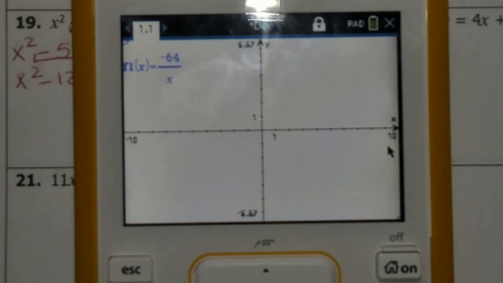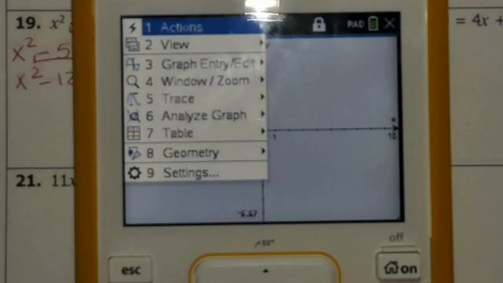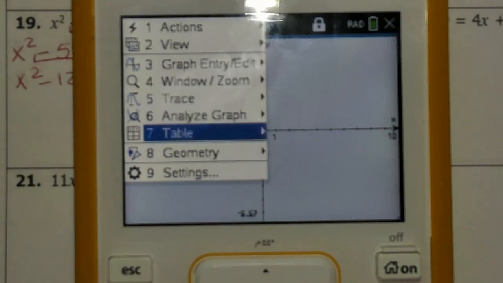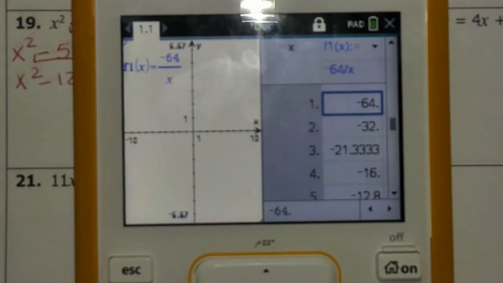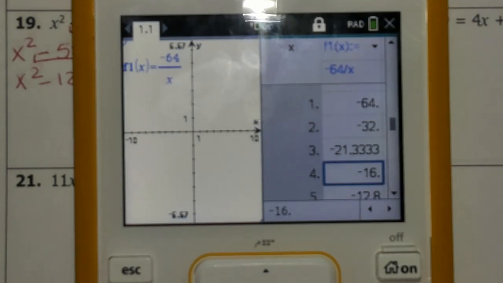The opposite of multiplying is dividing. So it's going to give us all the things that multiply up, that divide into the negative 64. Go to menu. We're going to find all those on the table. So 1 and negative 64, 2 and negative 32, 4 and negative 16, and that is the one we were looking for, because 4 plus negative 16 gives you negative 12.